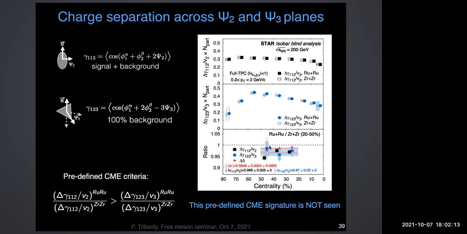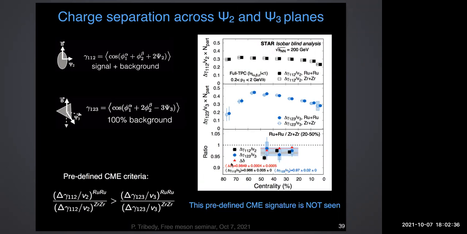Blue has larger uncertainties because the third order plane has less resolution. It has a wider band. But what you don't see is, according to this predefined criteria, the black should have been significantly above blue, which we don't see.